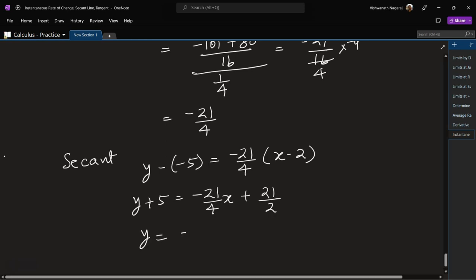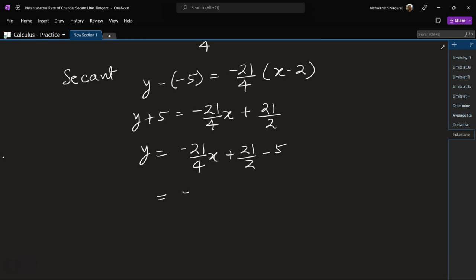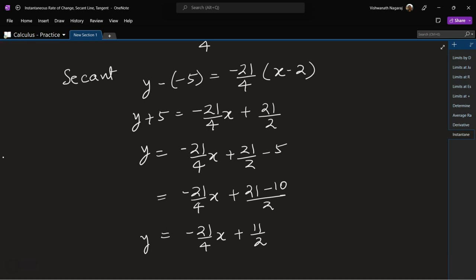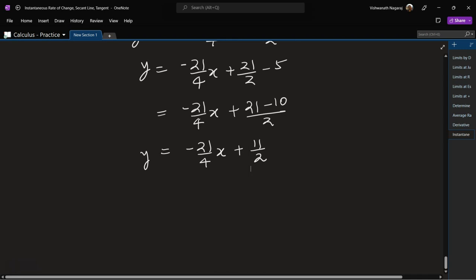Now y is equal to minus 21 by 4x plus 21 by 2 minus 5, which gives us minus 21 by 4x plus 21 minus 10 by 2, which gives us y is equal to minus 21 by 4x plus 11 by 2. So this is the equation of the secant line.